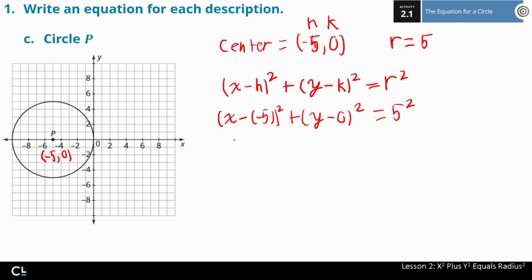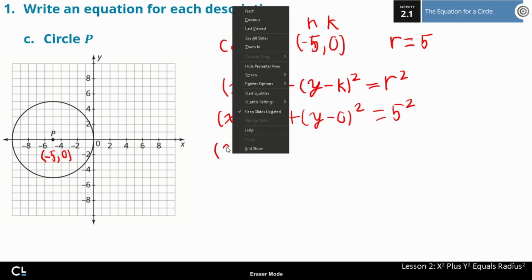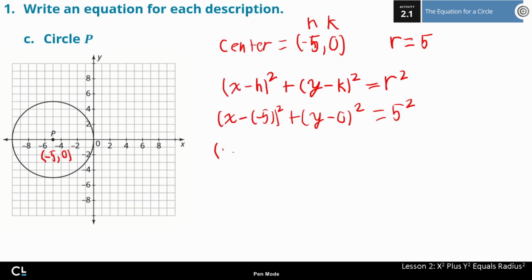For my first parentheses, we could simplify here because we have minus and negative. We get x minus, or just kidding, plus, because we have the minus negative, (x plus 5) squared, plus, and when we're subtracting a 0, we get rid of it, just leaving y squared, equals 5 squared, aka 5 times 5 is just going to give me 25. And there we go. We got our equation of our circle. So let's box it off.